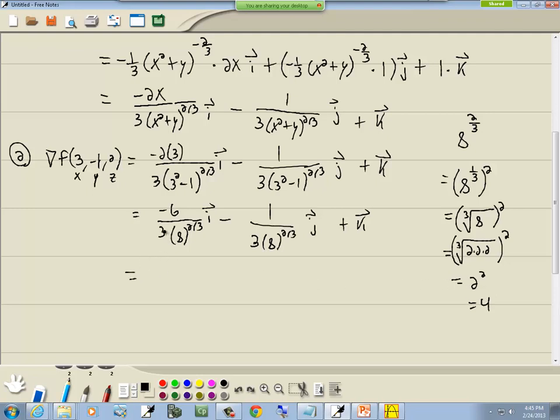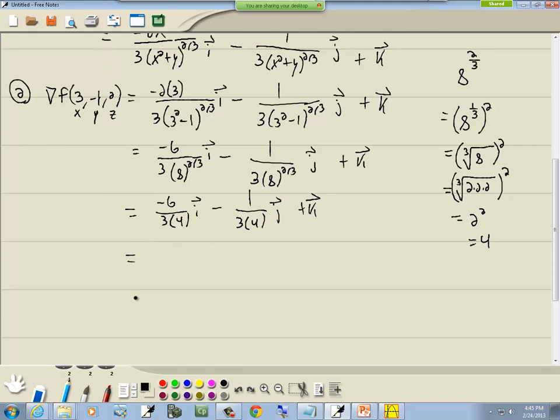So we're going to have negative 6 over 3 times 4, i, minus 1 over 3 times 4, j, plus k. Which gives us 3 times 4 is 12, so this is negative 1/2 i, minus 1/12 j plus k after we plug in our point.